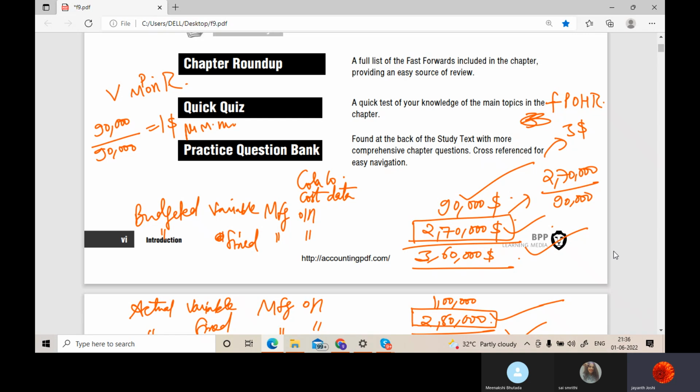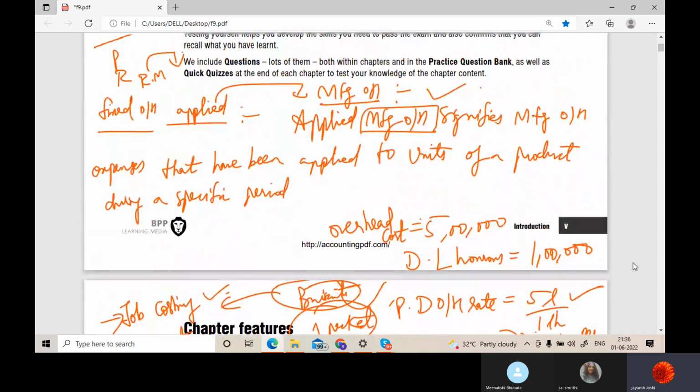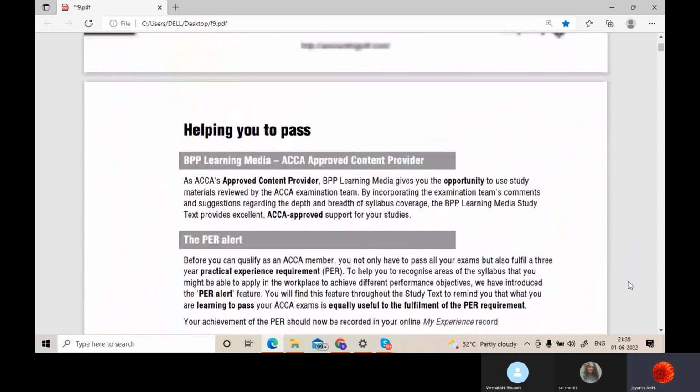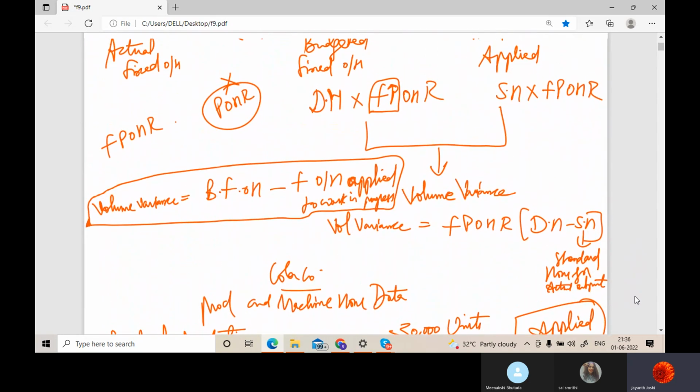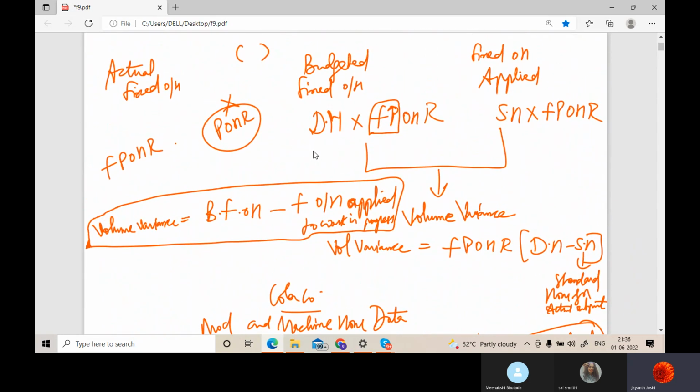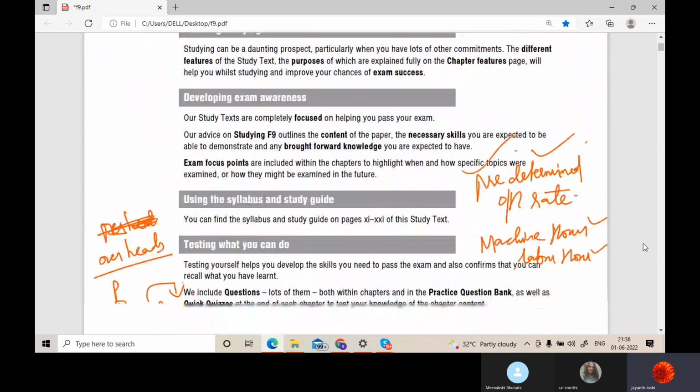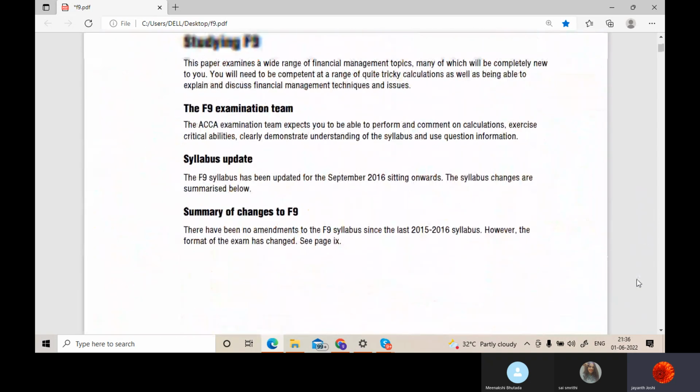Now what you have to do is just go to the formula and you just put the things. So denominator ours is 90,000. Fixed predetermined overhead rate is 3. Standard hours is how much in the question? Standard hours for actual output.